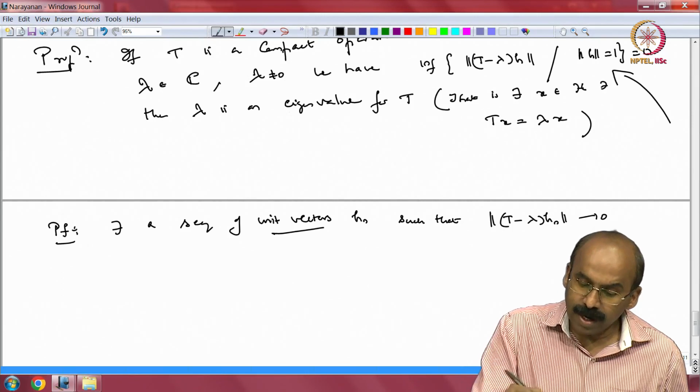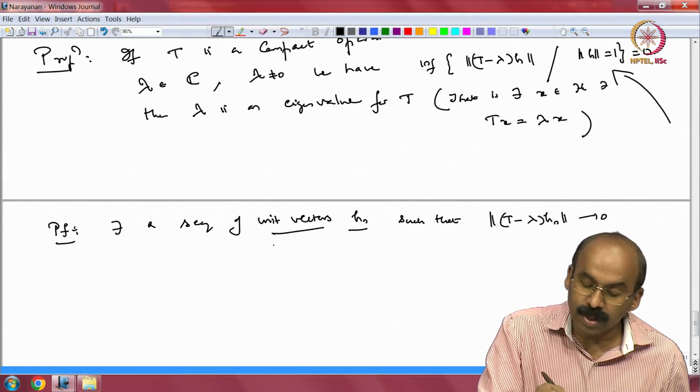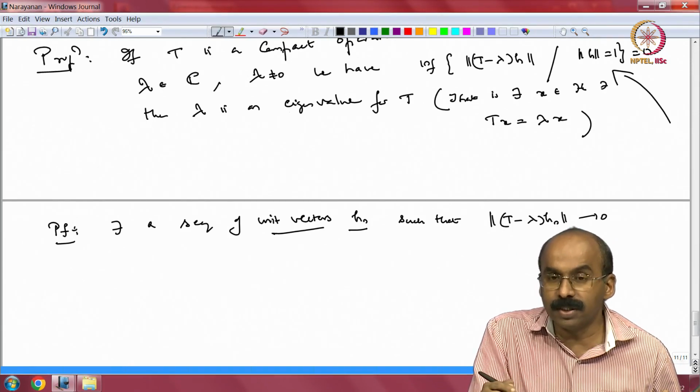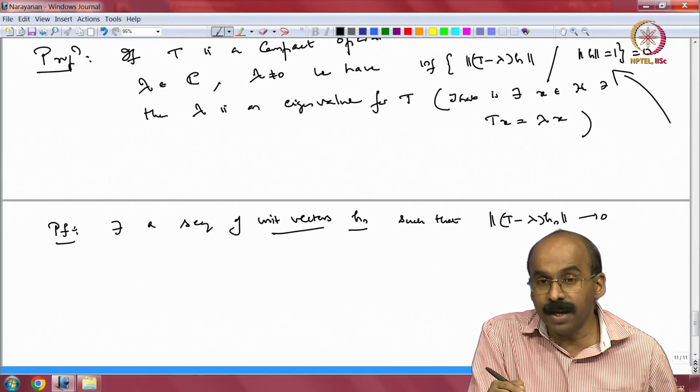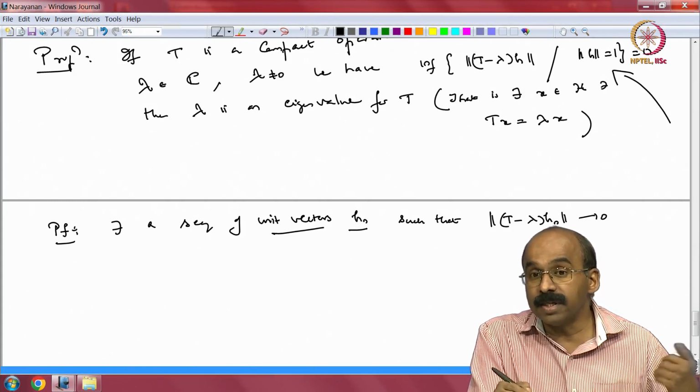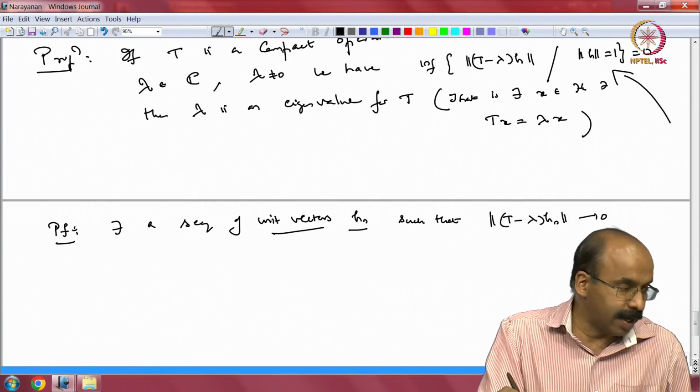Now, where are the Hn's? Hn's are unit vectors. So, that is a bounded sequence, and so when I apply T to that bounded sequence, I should be able to get a convergent subsequence because T is compact, right.